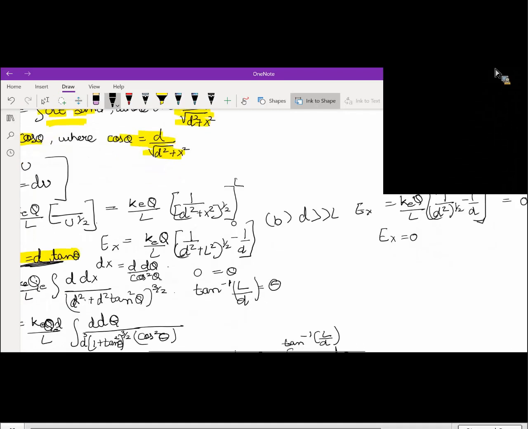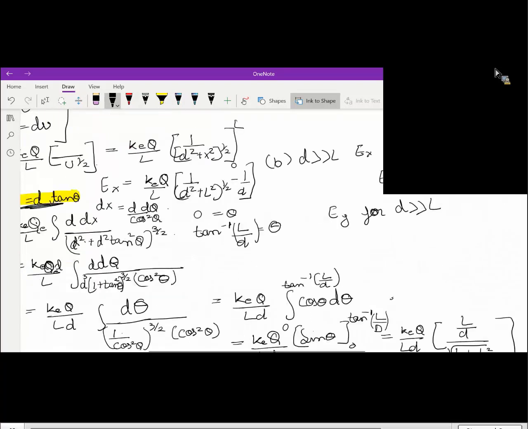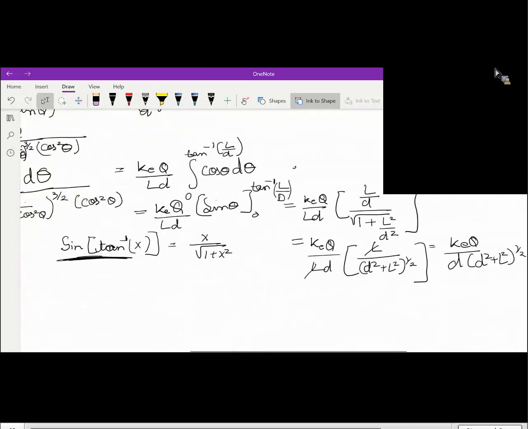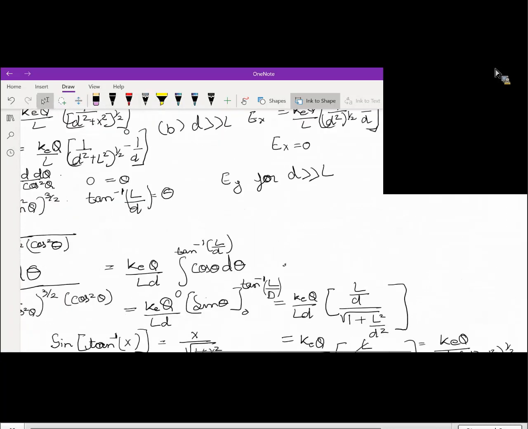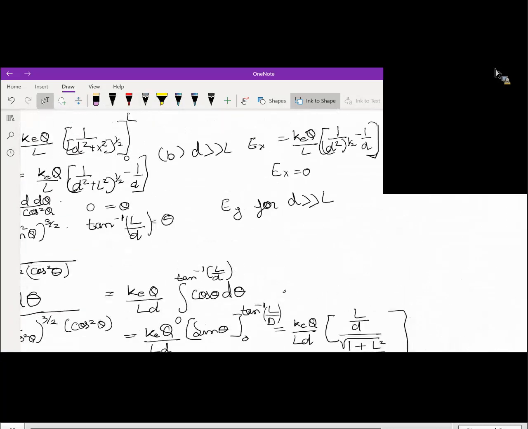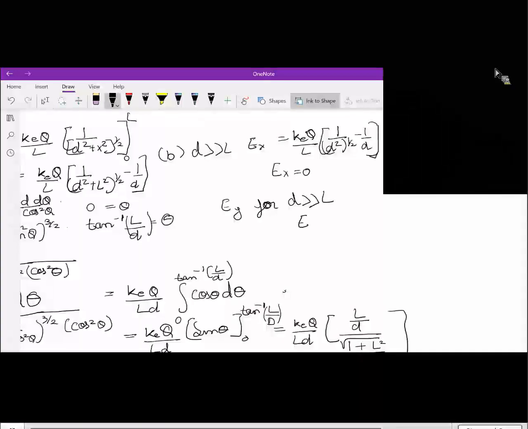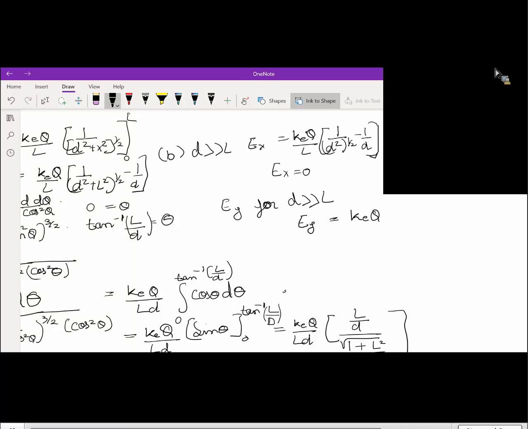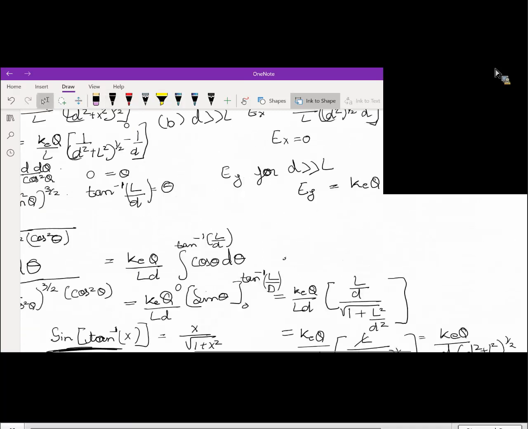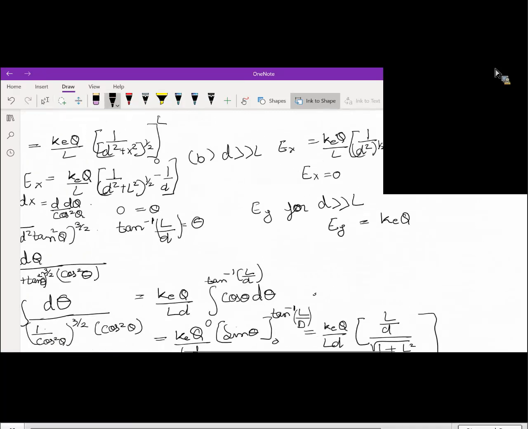And Ey for D very much greater than L comes out as Ey equals keq by d square.